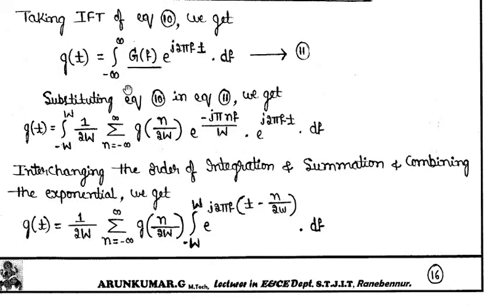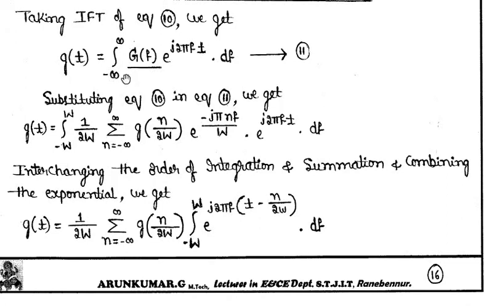Now we know that our original message signal has the highest message signal frequency of W hertz, and when we need to get back our original message signal, we need to pass the sampled signal through the low pass filter, which has a cutoff frequency from minus W hertz to plus W hertz.